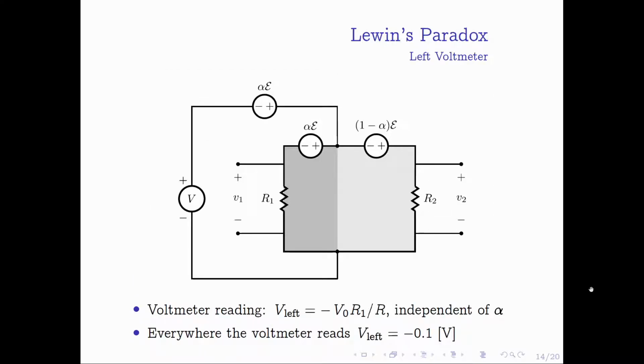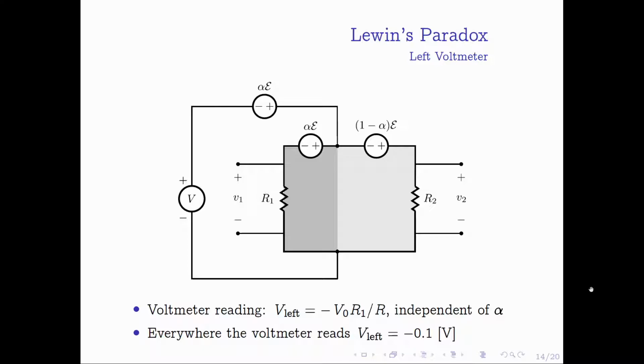If we consider the voltmeter which is connected to the left side of the loop, in this case, there is an induced EMF which equals alpha, the EMF on the major loop.